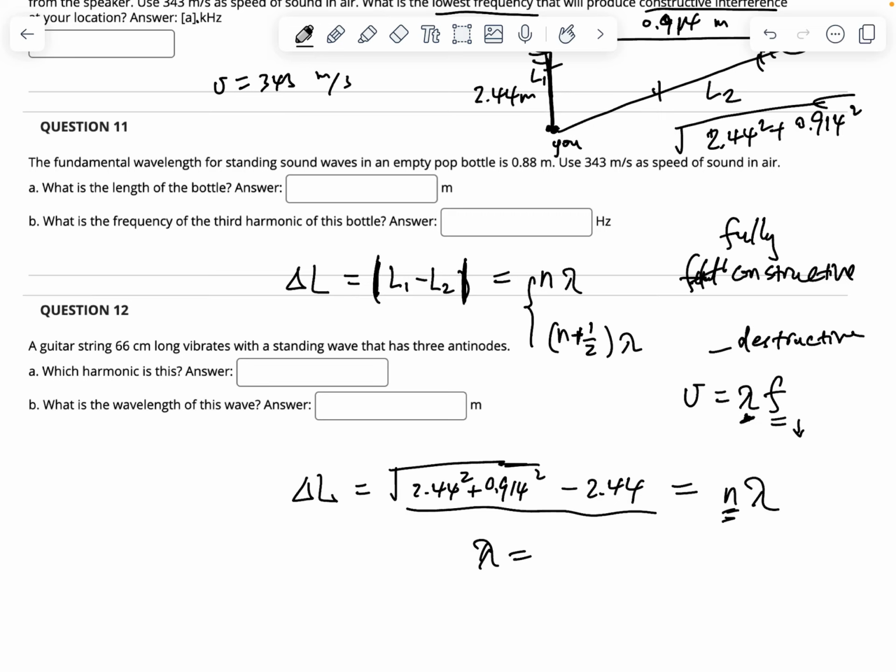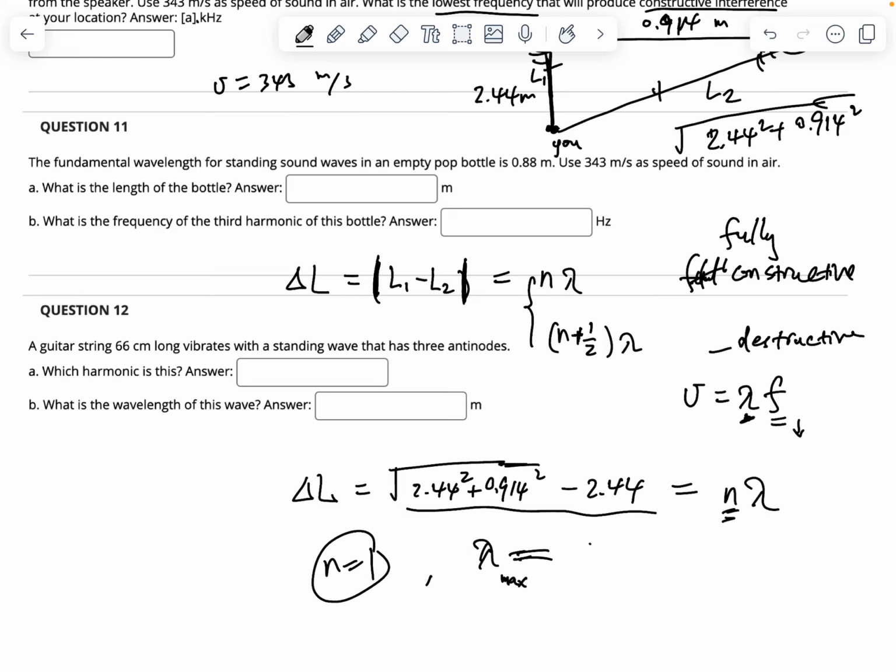N is an integer. So the maximum wavelength, right, is when n is 1. N is 1, 2, 3, right? And when n equals 1, you have the maximum wavelength.